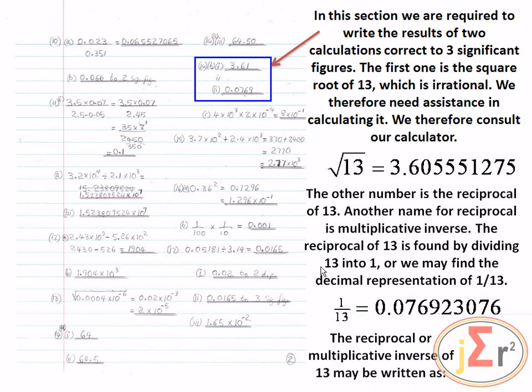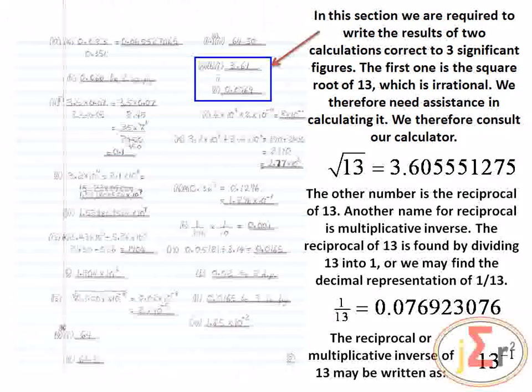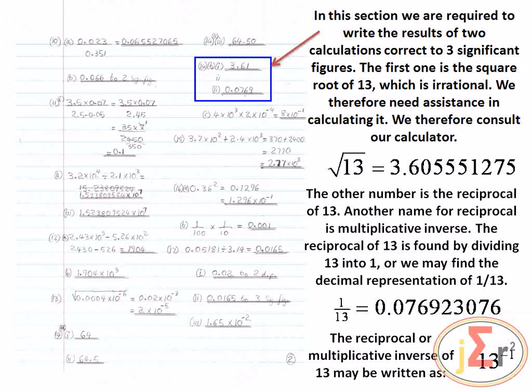The reciprocal or multiplicative inverse of 13 may be written as 13 to the power of negative 1. That is the reciprocal of 13, or we may call it the multiplicative inverse of 13.